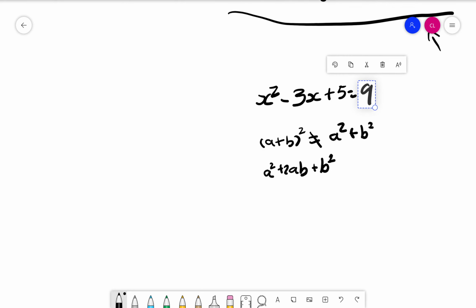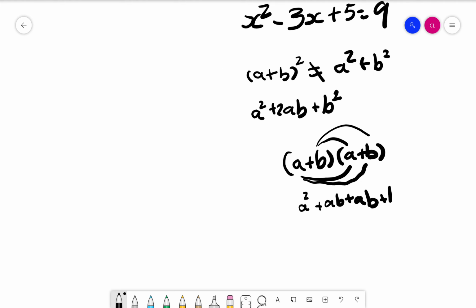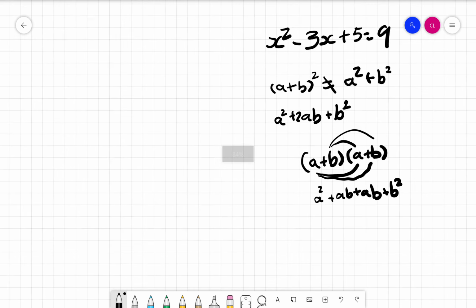And why is that? You may recall that (a plus b) squared is (a plus b) times (a plus b), and to expand that, you go forward, which is a squared plus ab plus ab plus b squared, right?